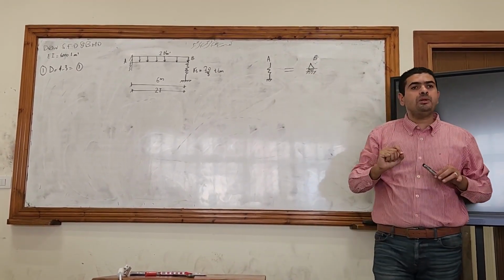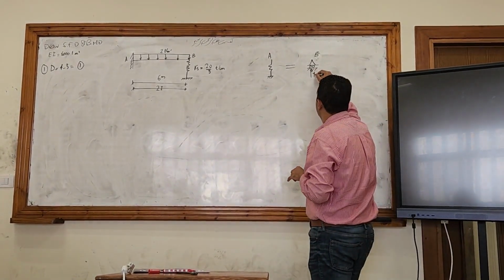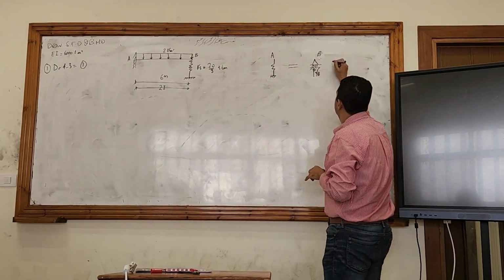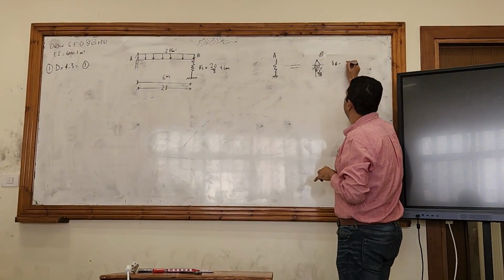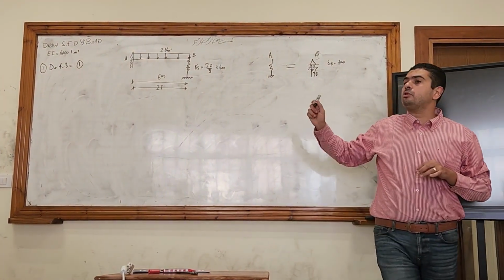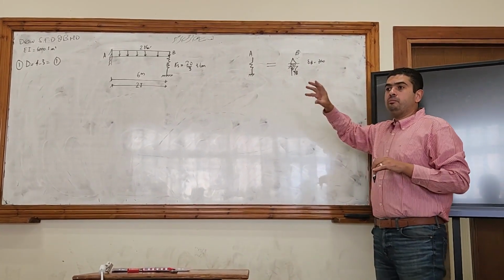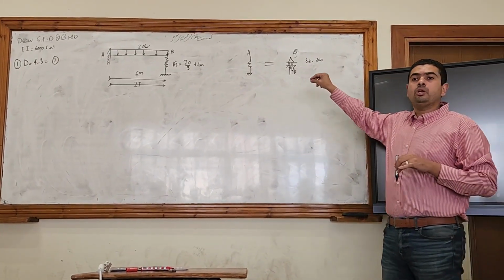Is there a vertical displacement at B? This one has a roller, so the vertical displacement at B equals 0, right? And this was our condition last lecture, that the displacement at B, if I am removing the roller support, will be equal to 0.